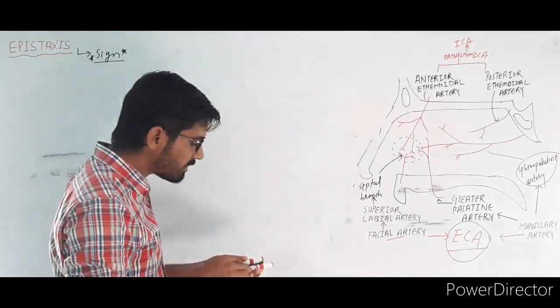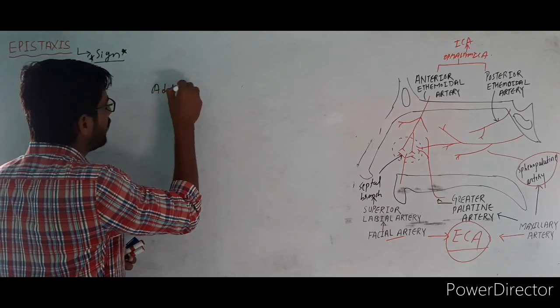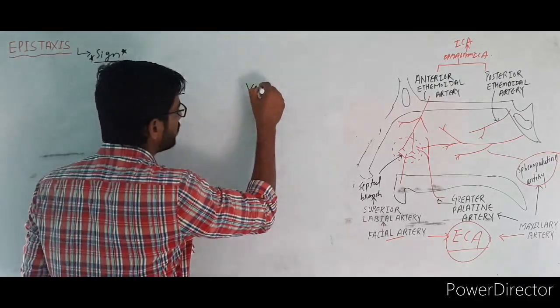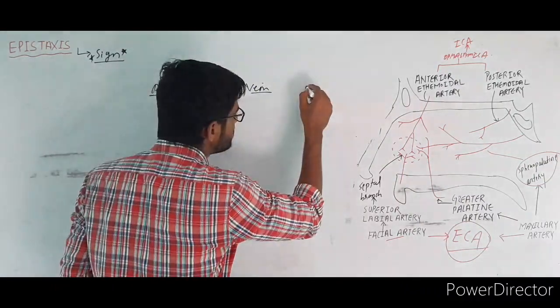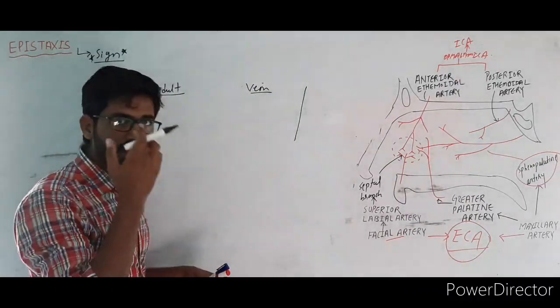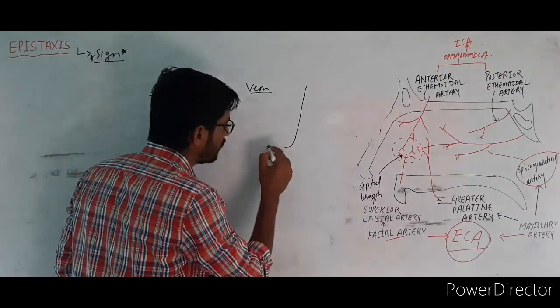What about in the adult? There is one vein called the retrocolumellar vein. It runs downwards from here and passes the floor.